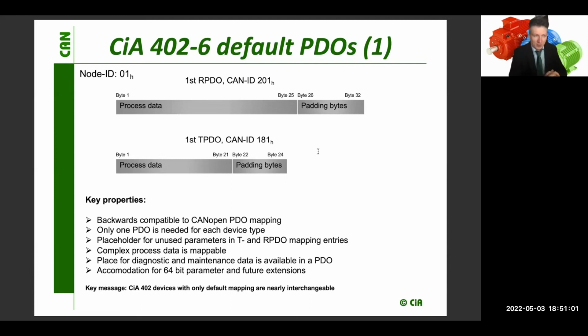So all PDOs, all the mappings available for classic CANopen, about 8 or so depending on the kind of device, up to 8 for transmit and receive PDO, could be submitted within one single PDO. But the limit of classic CANopen was only 8 bytes of data.